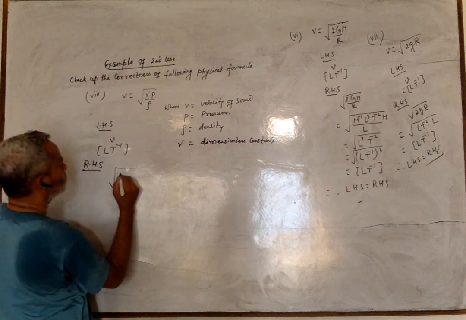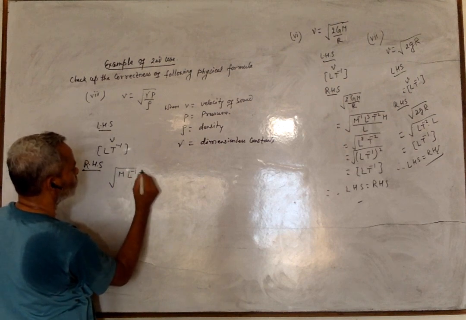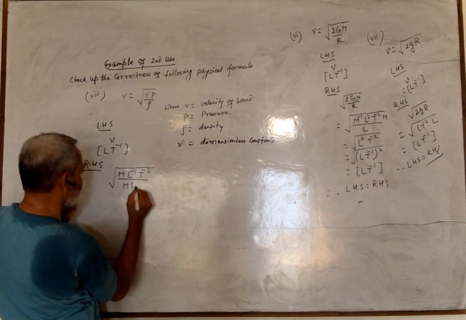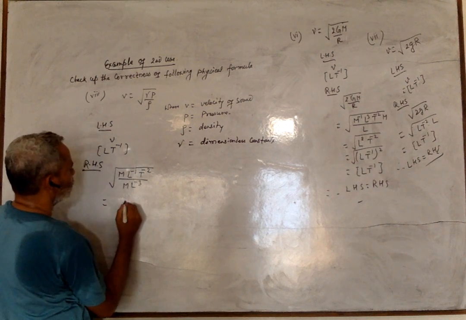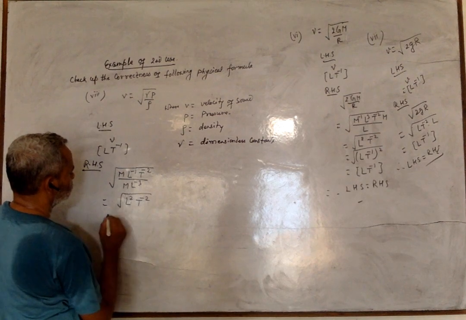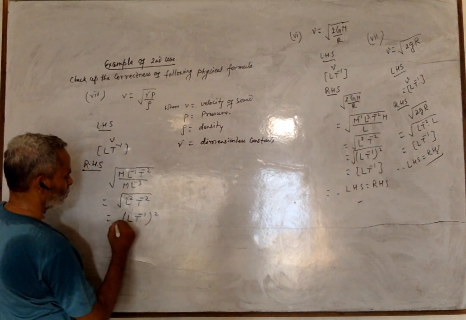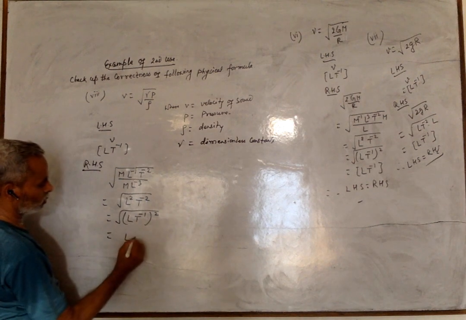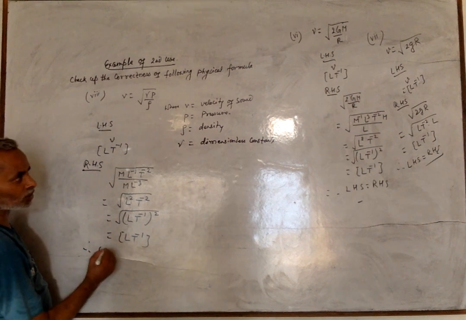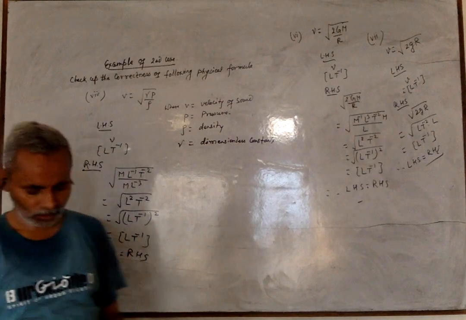RHS: gamma, dimensionless constant, dimension of pressure ML^-1 T^-2, rho dimension ML^-3, cancel, L^2 T^-2, (LT^-1) squared, LT^-1. The LHS equal to RHS.